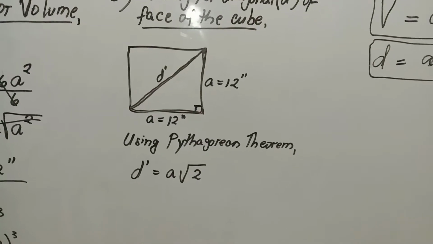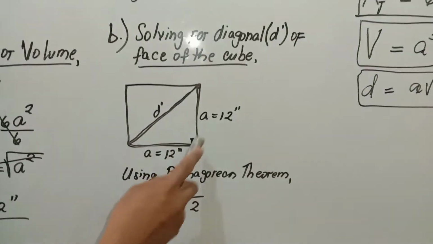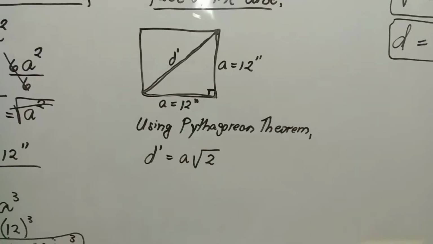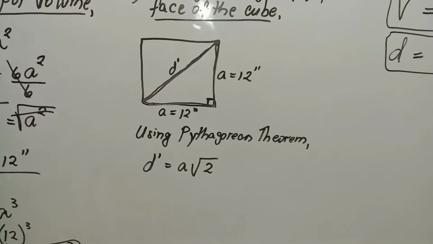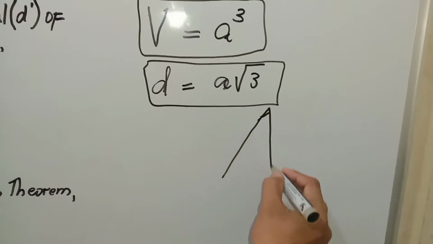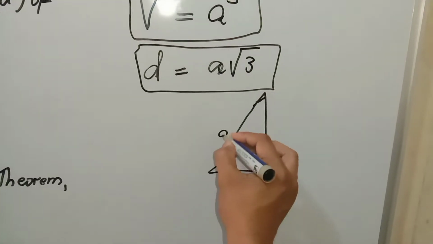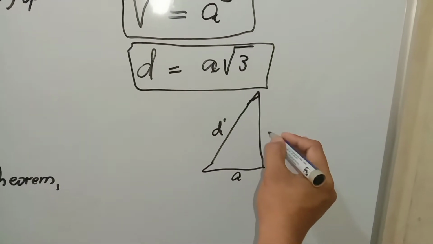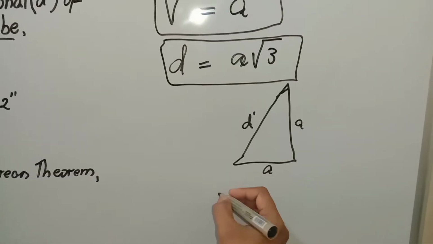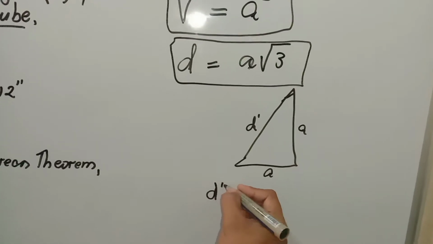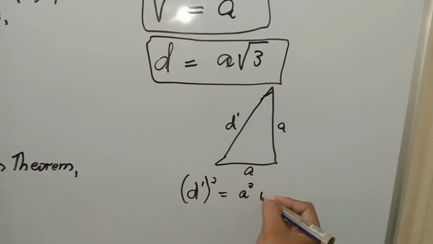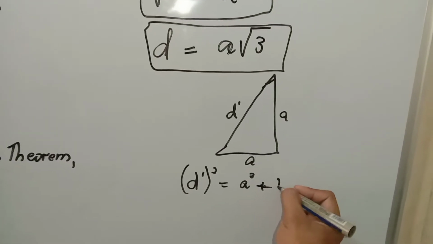Right? Based on this diagram. Why is it A times the square root of 2? As you can see here, if it is a triangle, this is D prime, this is A, and this is A. If you simplify, D prime squared is equal to A squared plus A squared.